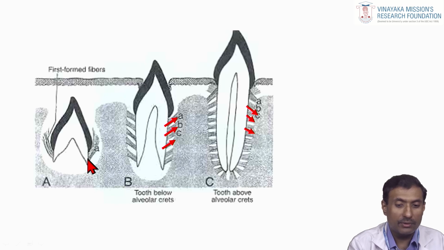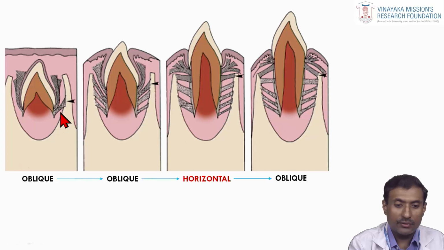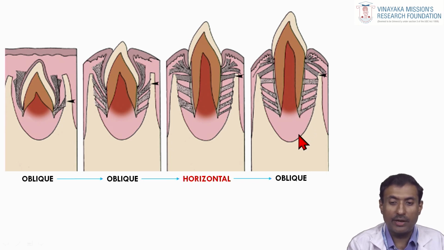The first set of fibers, as they develop, move upwards, more apically. Once the root has completely formed, the periodontal ligament fibers will readjust in this manner. To repeat, these fibers have not formed, are forming. As you can see, the direction is more oblique towards the alveolar crest. Then the first set of fibers form, and as they mature, they again reach their final position.